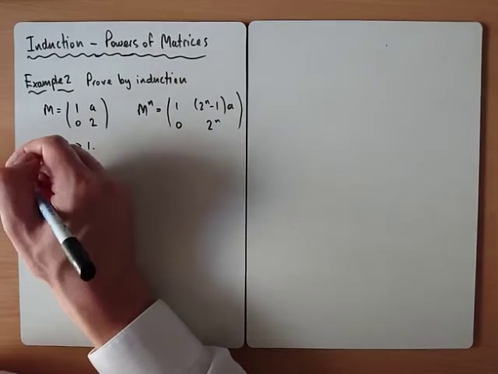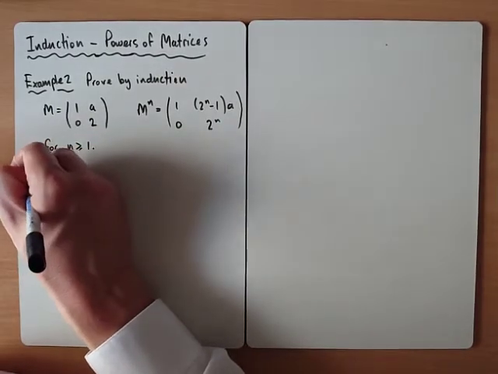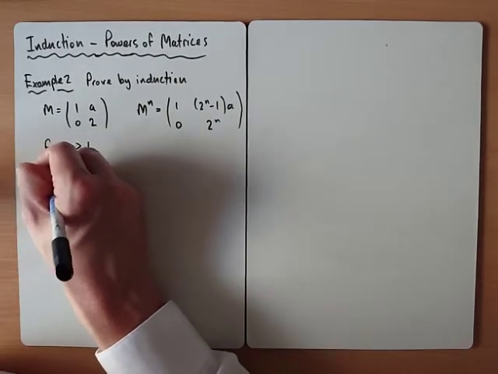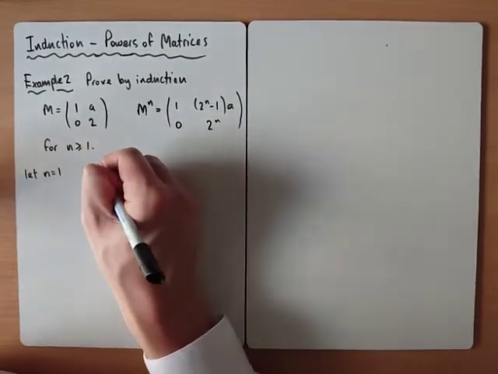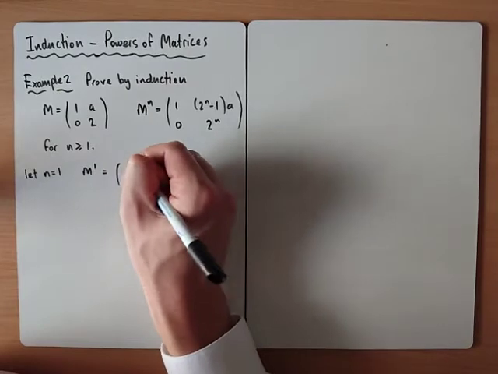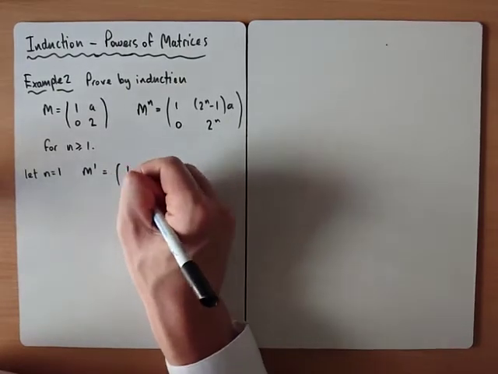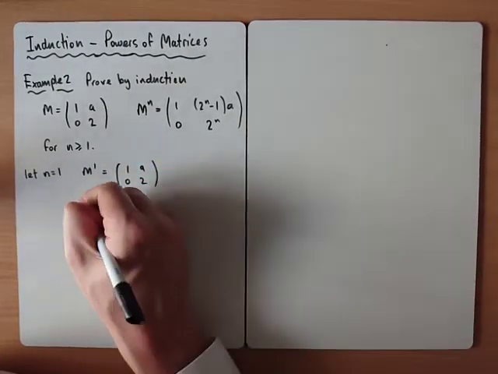Okay, so let's follow the induction process, see what happens. Starting with 1, so M to the 1 would equal 1 a, 0 2.